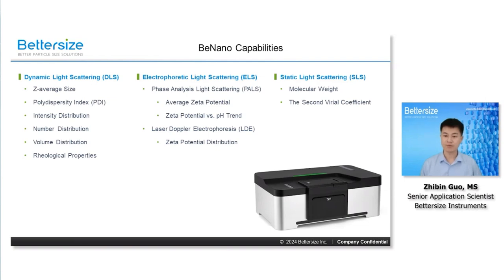Electrophoretic light scattering (ELS) using techniques such as phase analysis light scattering and laser Doppler electrophoresis measures average zeta potential, pH change, and zeta potential distributions, providing insights into colloidal stability. Static light scattering (SLS) determines molecular weight and the second virial coefficient, which are crucial for understanding drug molecular interactions and stability.